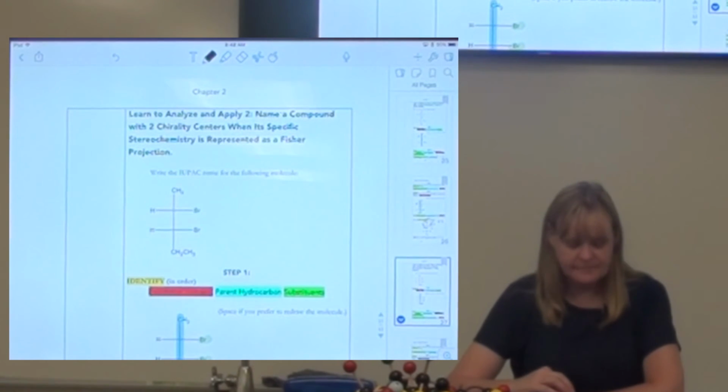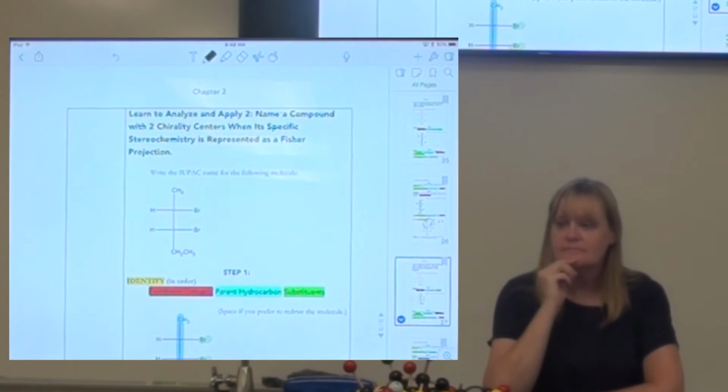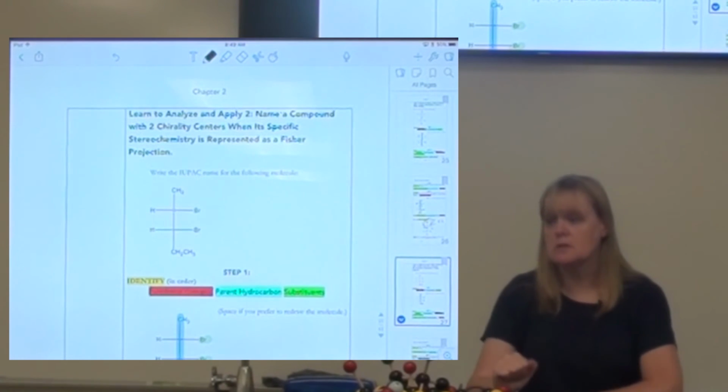I didn't actually put it on my paper. But if it's only one chiral symbol, you don't need to show it. Right, because it is ambiguous.